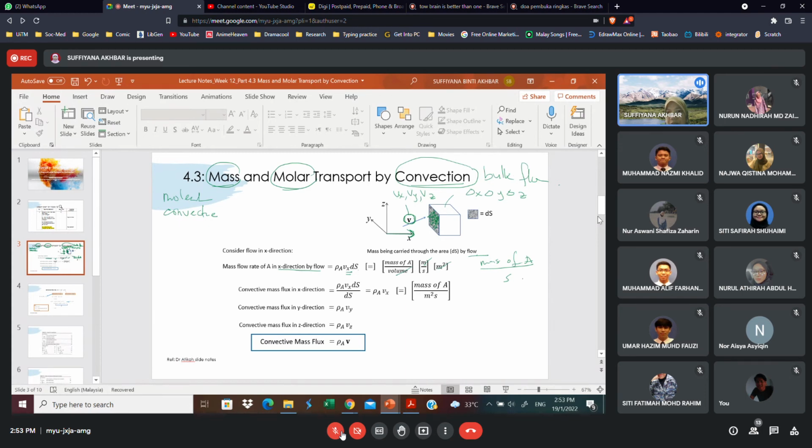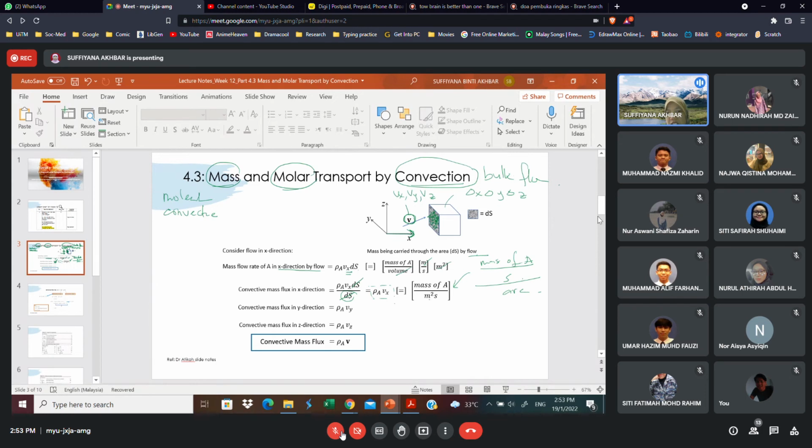If we divide by the area dS, we can cancel out and get rho A Vx.